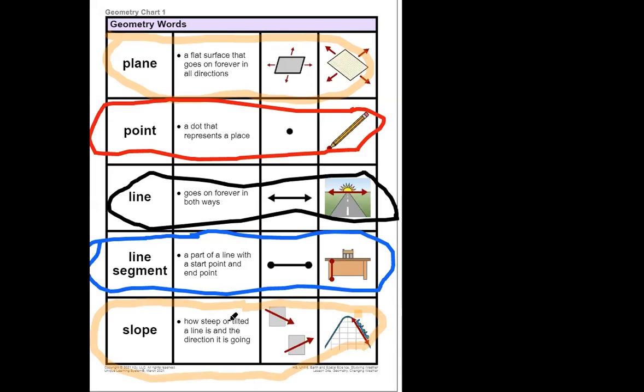How steep or tilted a line is, and then the direction that it goes in. So for vocabulary notebooks, you're going to find your word slope and match it with the definition and the pictures.